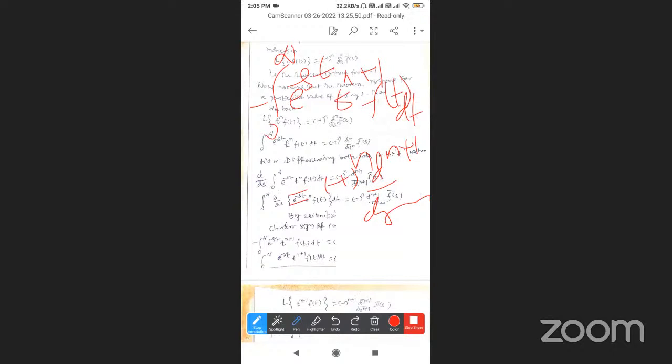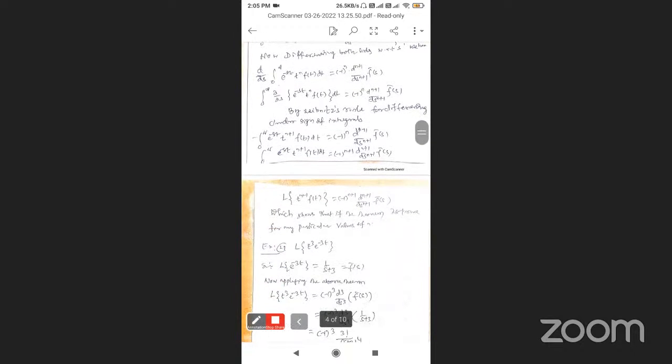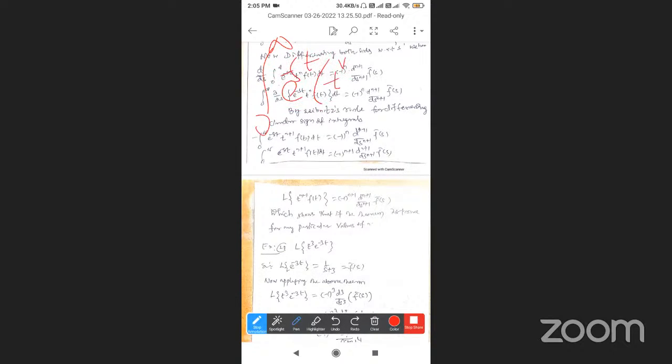Taking the minus to the right side, the integral 0 to infinity e power of minus st into t power of n plus 1 into f of t dt is equal to minus 1 whole power of n plus 1, d power of n plus 1 by ds to the power of n plus 1 into f bar of s.